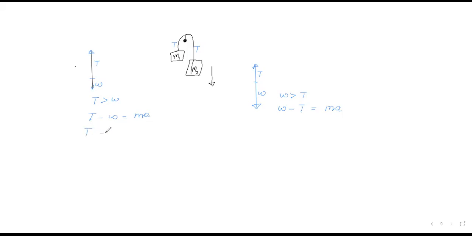Therefore, tension minus weight is equal to the force that is experiencing down. It will be tension, the weight is mass 1 times 9,8, acceleration there. For this one here, we have mass 2 times 9,8 minus tension is equal to mass 2 acceleration there.